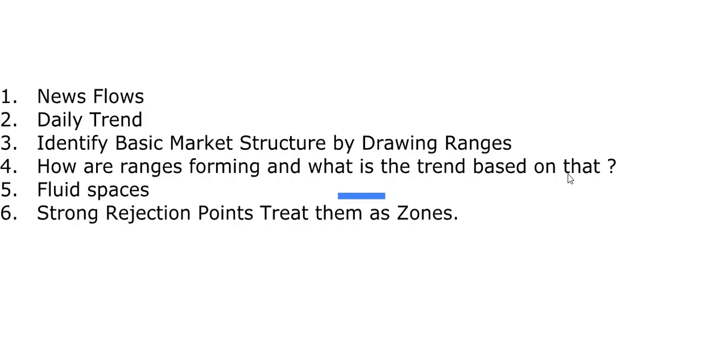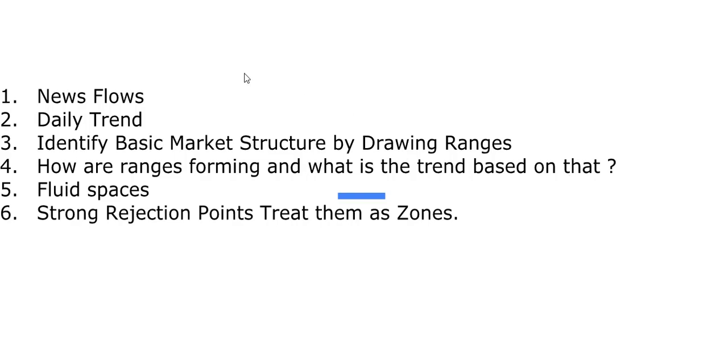Is it the upper side of the previous range or the lower side? That will also help in assessing the trend. Then we mark any fluid spaces where the prices move very easily without much resistance. Then we make a note of strong rejection points from the trading zones that we have drawn.